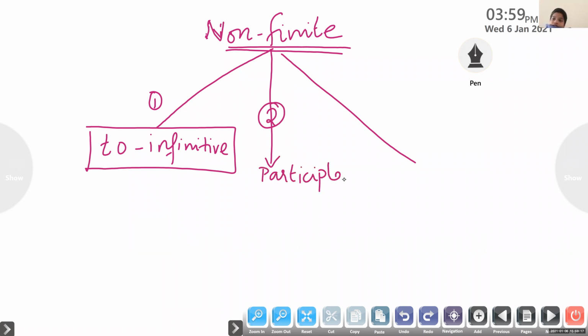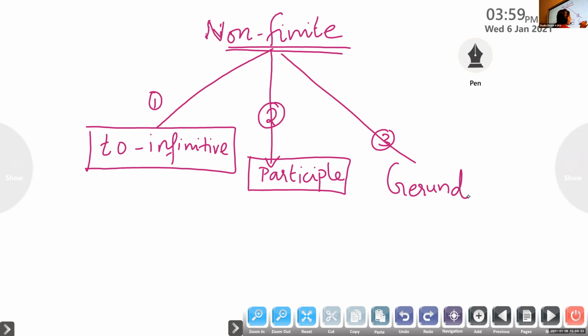All the participles, past participles and present participles, are non-finite verbs. And the third one is a new term for you, and you will be learning about this in detail in 8th standard. That is gerund. These are the 3 forms of non-finite verb. Non-finite verbs are categorized under these 3 subdivisions.